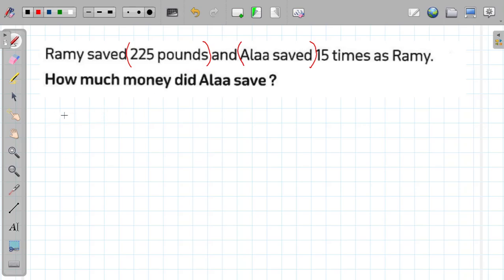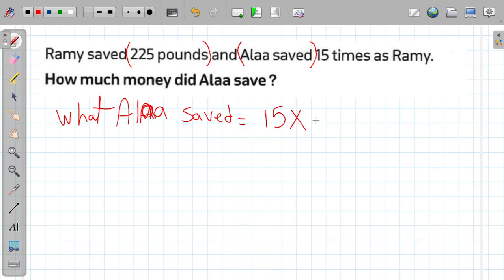So I will say what Alaa saved equals 15 times as Rami. So I will say 15 times 225, like this.